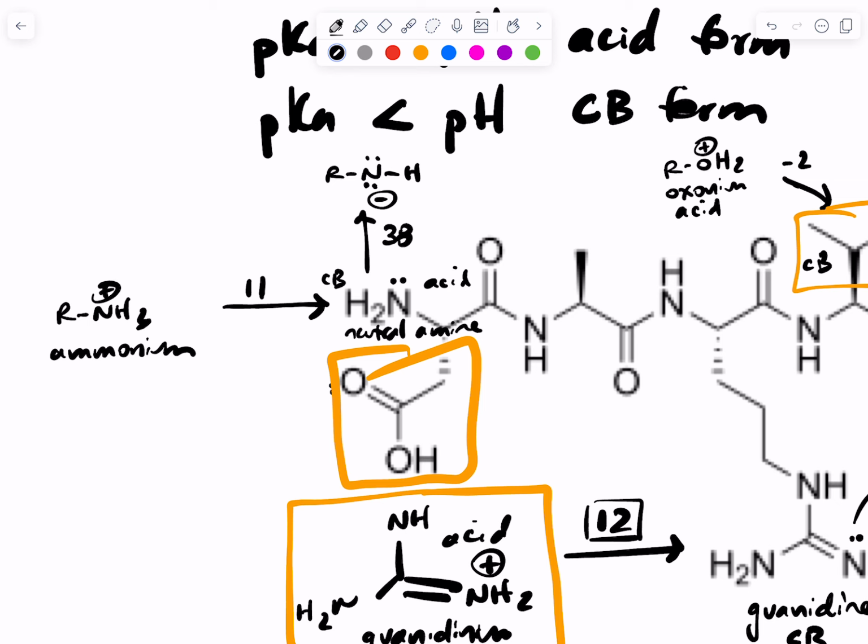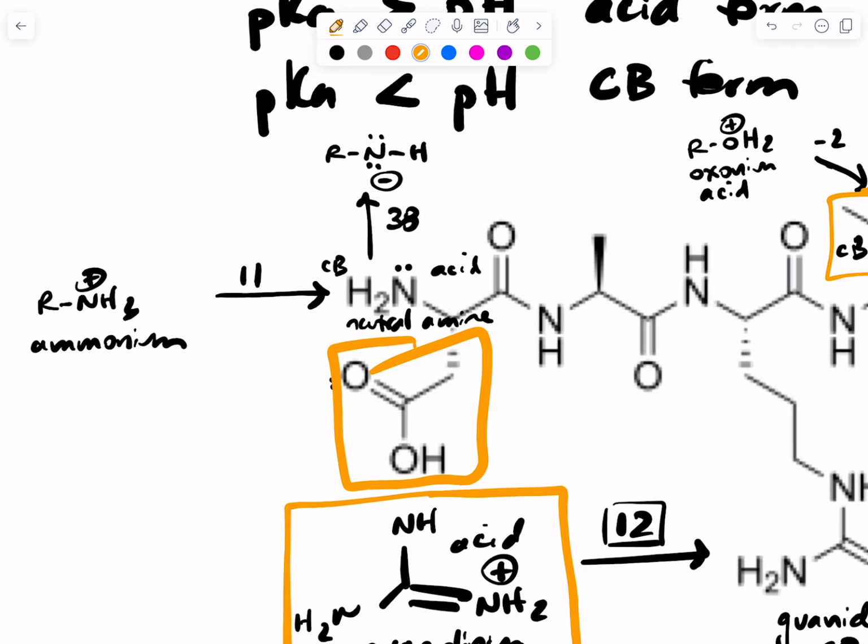So here are our tipping points, 11 and 38. If pH is lower than 11, the positive charge form dominates. If it's between 11 and 38, which it won't be in biology, the neutral form would dominate. And if it's above 38, which it will never, ever, ever be in biology, the negatively charged form would dominate. So what's the right form at pH 2?